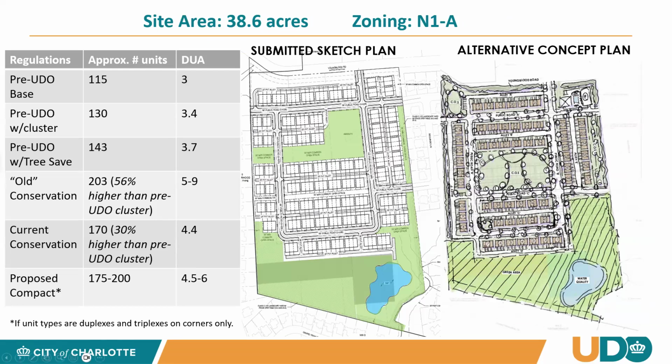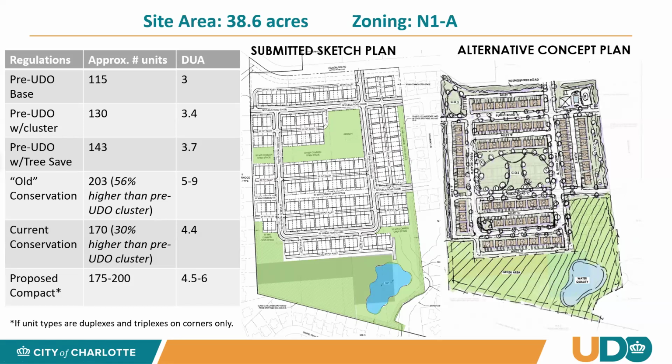What you see here is just all of the different options. So pre-UDO base, pre-UDO cluster, pre-UDO with tree save, old conservation, current conservation, which is now adopted on the books, and then what proposed compact is. From what we can see, proposed compact is getting you slightly lower numbers than what that old conservation was.